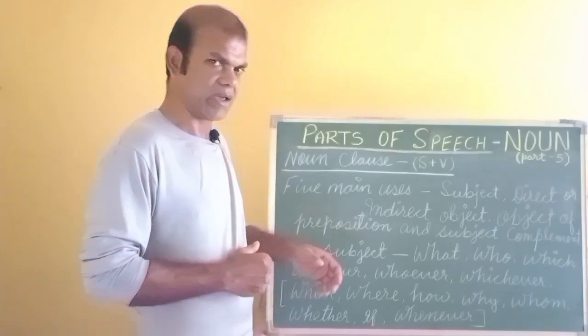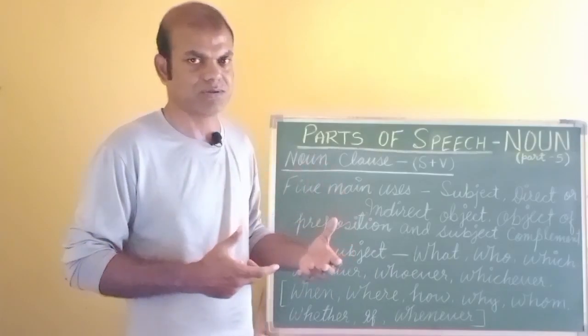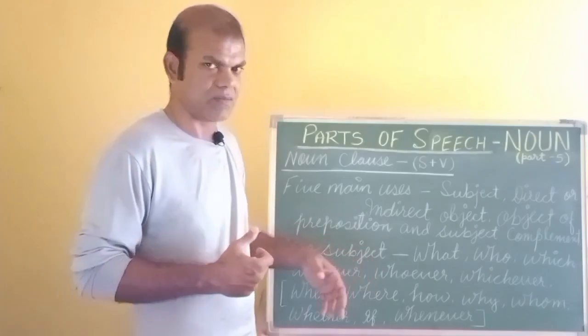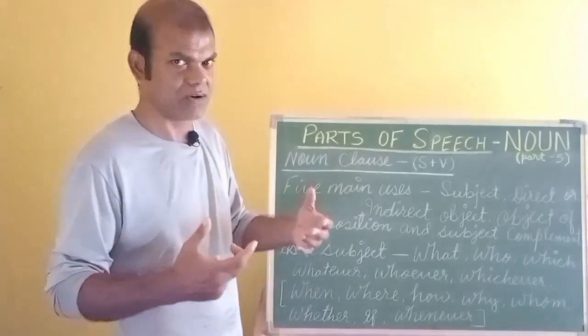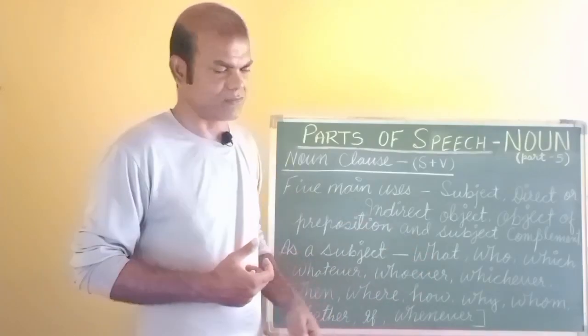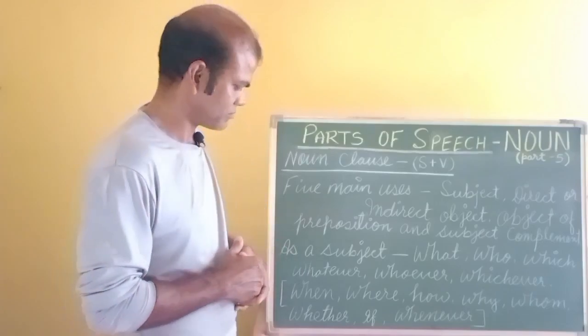So today I have some conjunctions. These conjunctions can begin a noun clause or they can join a noun clause to its independent clause. There are many more conjunctions but I didn't bring all of them. These are the common conjunctions which are used with the noun clause.